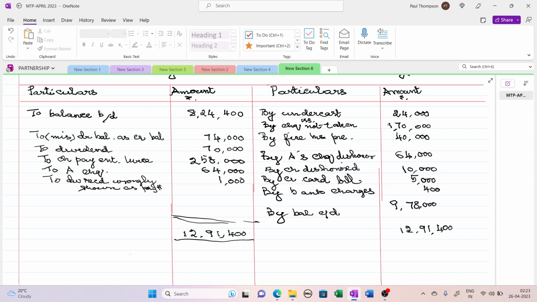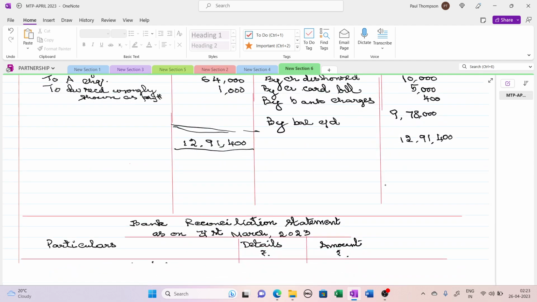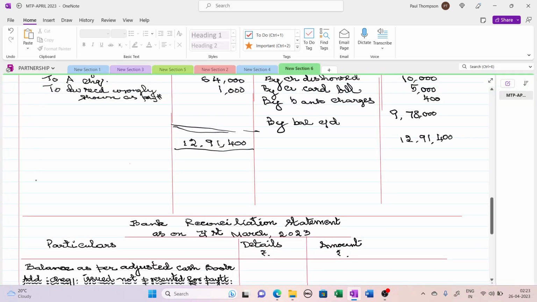With this adjusted cash book balance, now I have to prepare my bank reconciliation statement. Always write here balance brought down, so that it is a debit balance. Balance brought down 9,78,000.